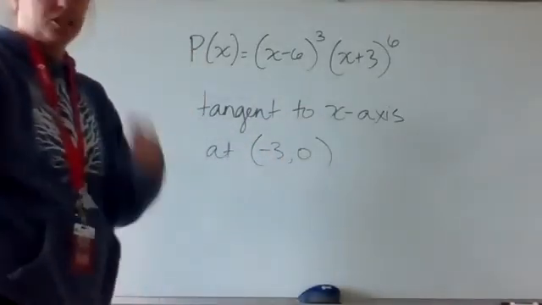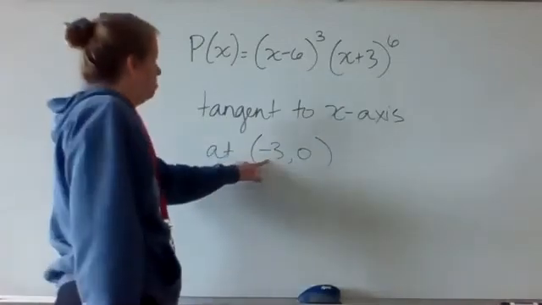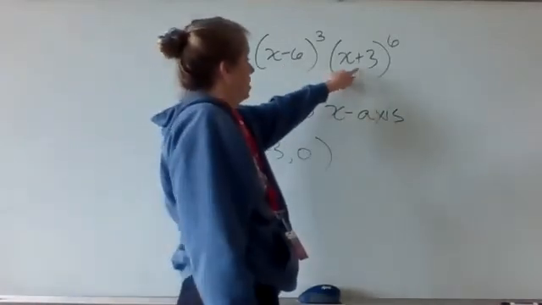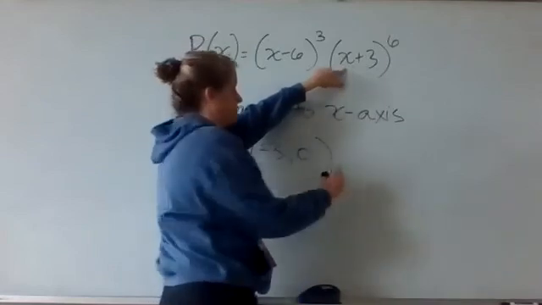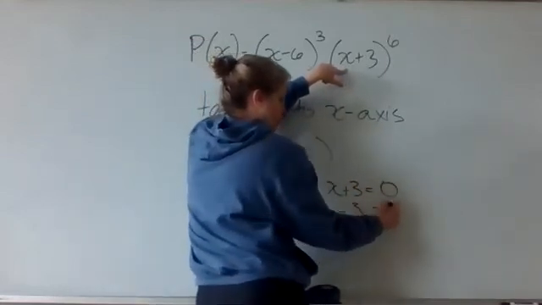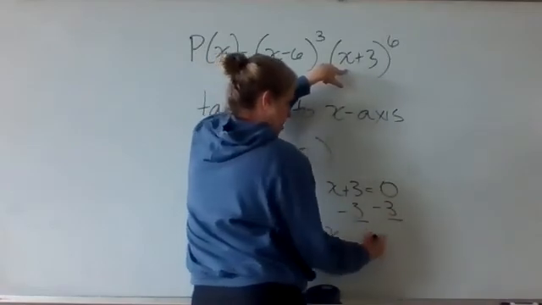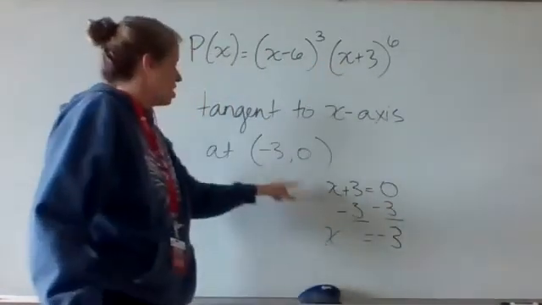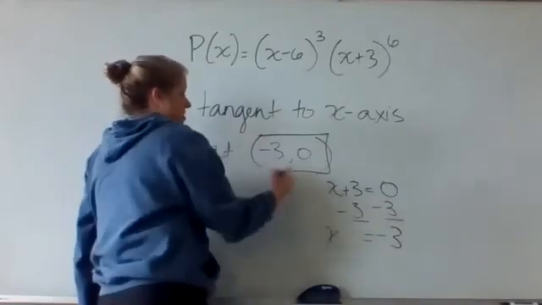So which factor would this have come from? This one or this one? It'd come from this one, right? Because if this is the factor and you set it equal to 0 and solved it for x, you would get x equals -3, which makes this an x-intercept.